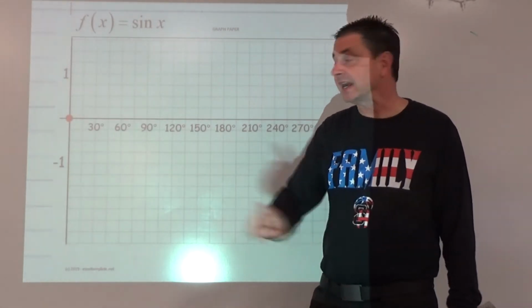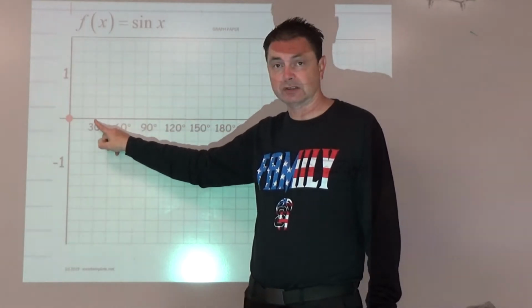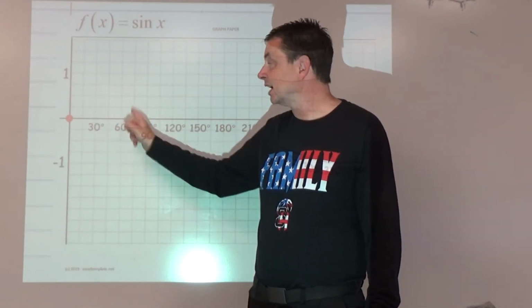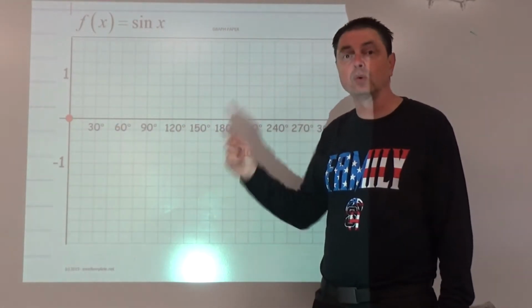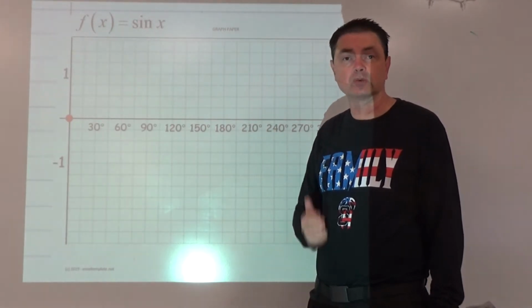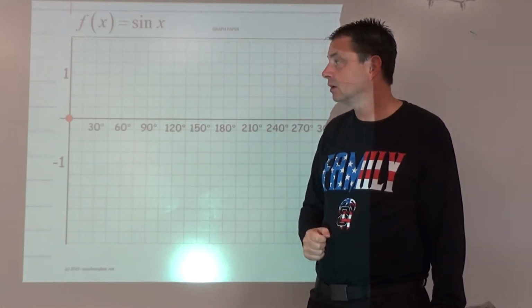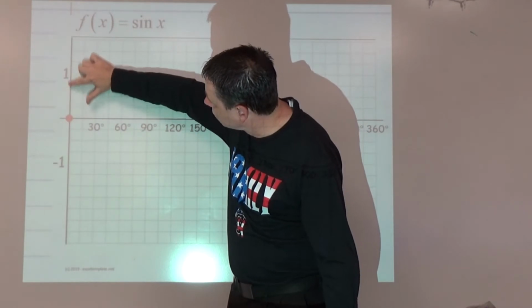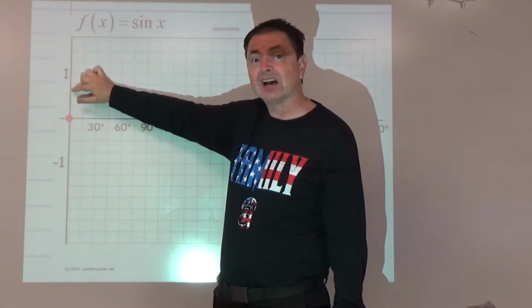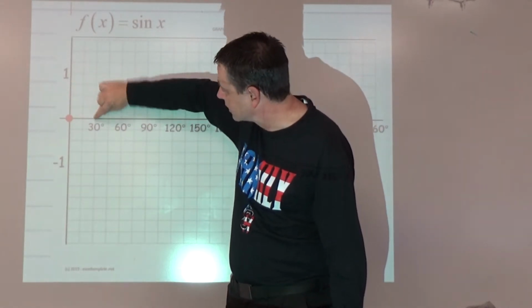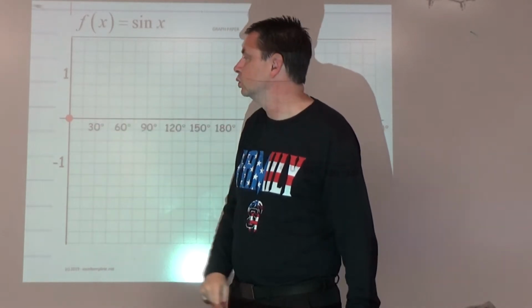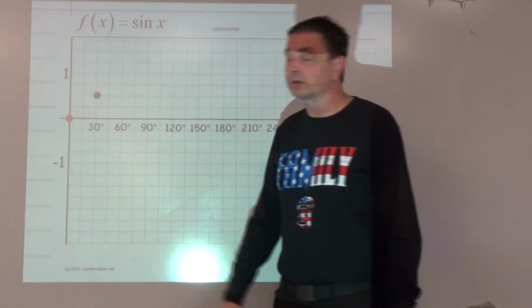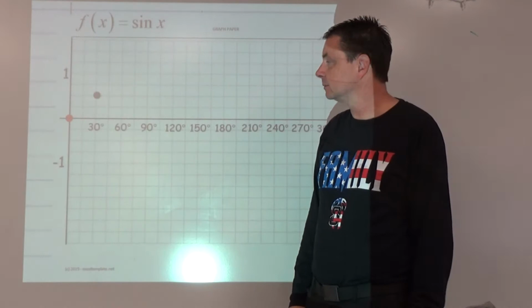The next key angle for us is 30 degrees. And the sine of 30 degrees is the y coordinate at 30 degrees, which is 1/2. So if 1 is 4 spaces up, 1/2 would be half of that, 2 spaces up. At 30 degrees, we are 2 spaces up, representing a value of 1/2.